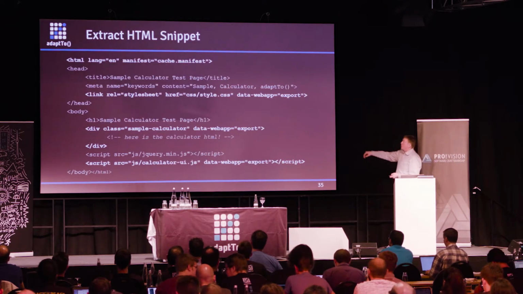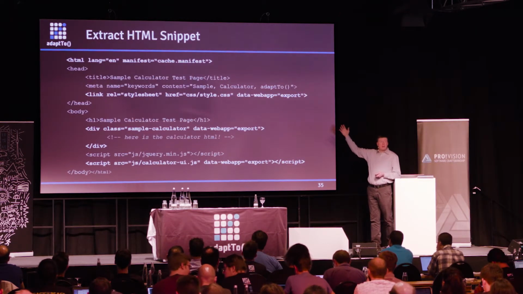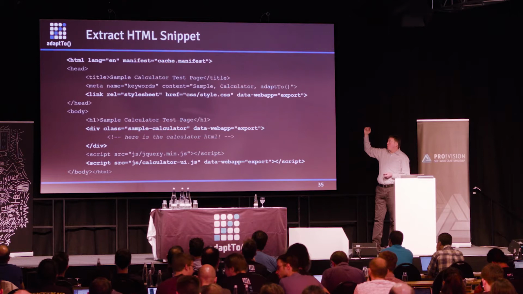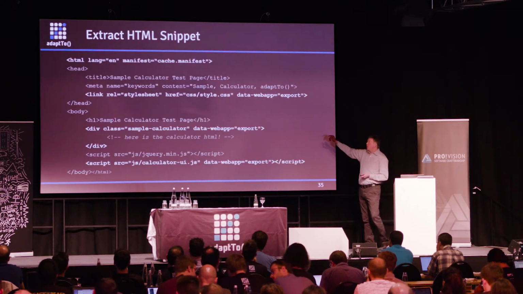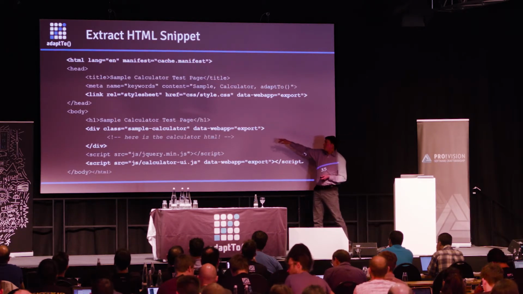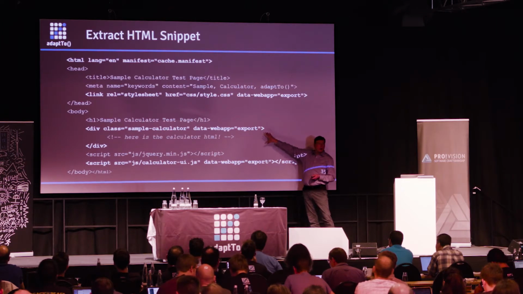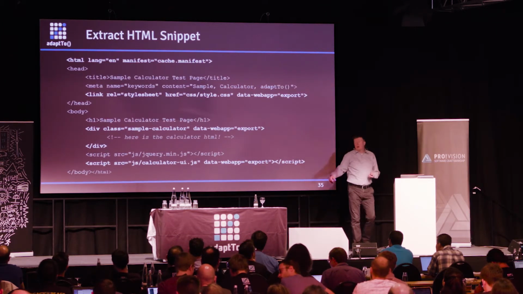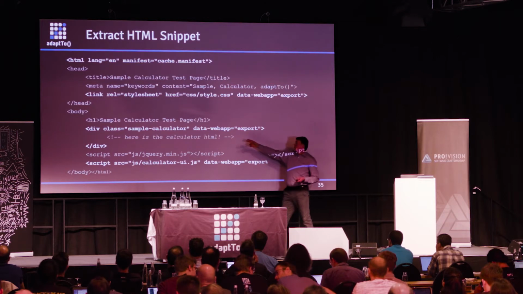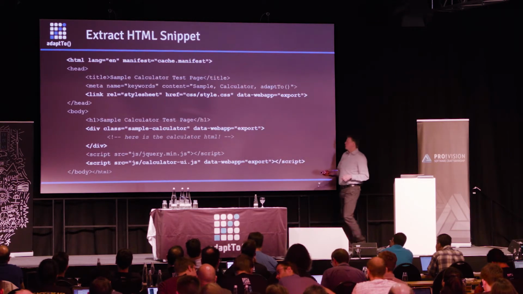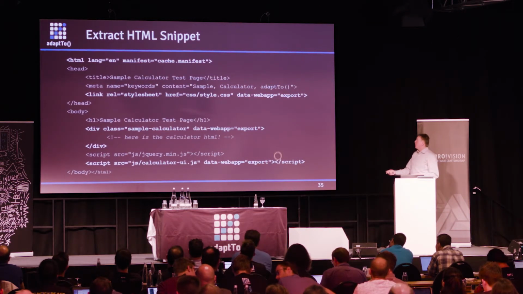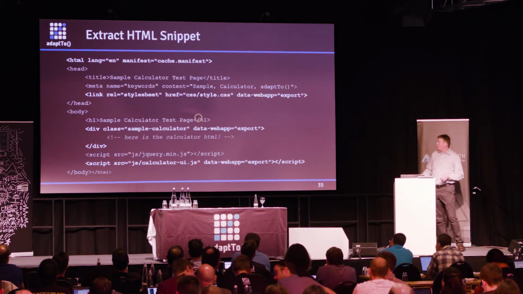So this is a completely test page, and what I usually do with my internal application is you specify the div which you want to extract by adding some HTML attribute, which I call here data web app export.